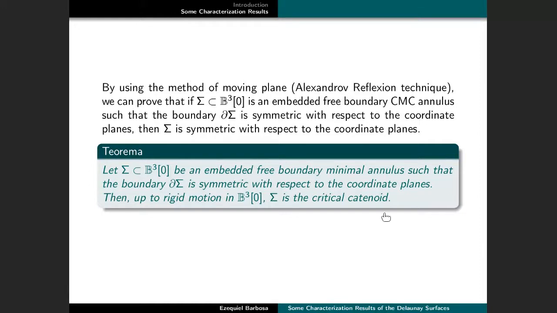So now I'm mentioning this because this Alexandrov reflection technique, the moving plane technique, we can use in order to get many results.